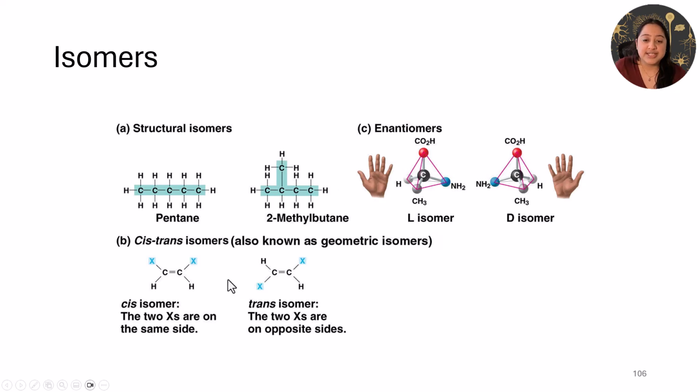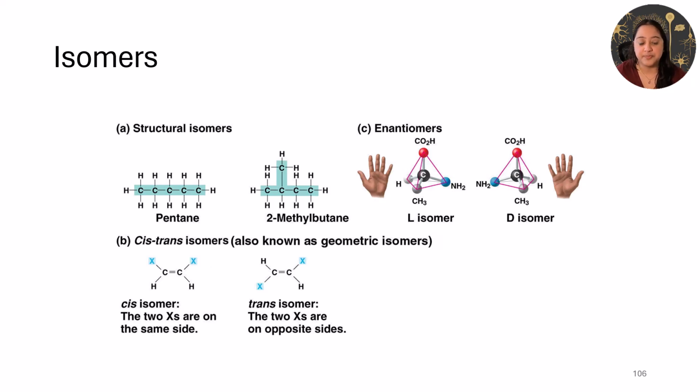If something is a geometric isomer or a cis-trans isomer, it's basically the same, but there's a slight spatial difference. See here in panel B, there are 2 carbons double bonded, and on the same side there are 2 X's. There's no element that's actually X; it's just standing in for any other chain or molecule.